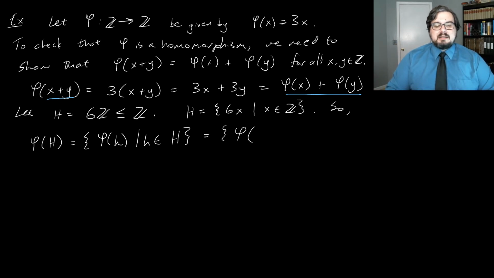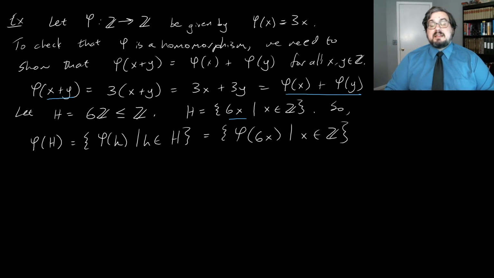An element little h belongs to capital H if and only if it looks like one of the things in H. It's a 6x. So taking phi of h for all h in big H is the same as saying take phi of 6x for all x in Z, because that's what the elements of big H look like.